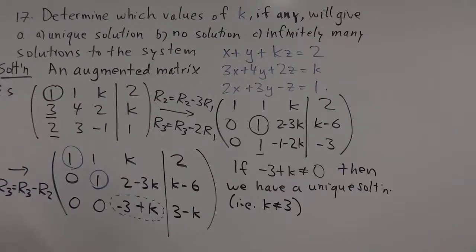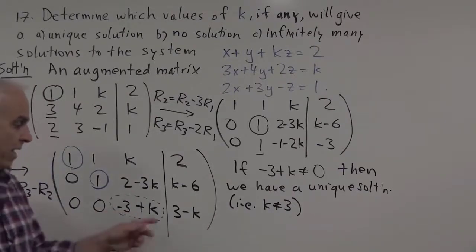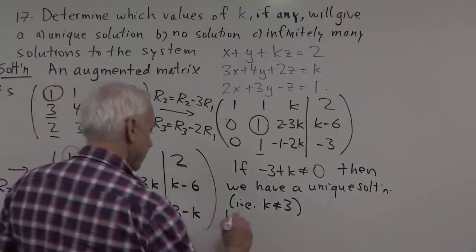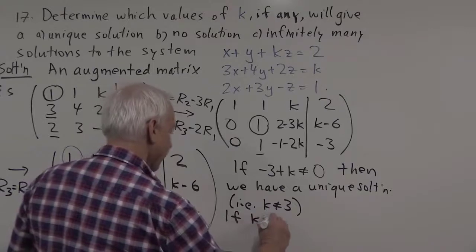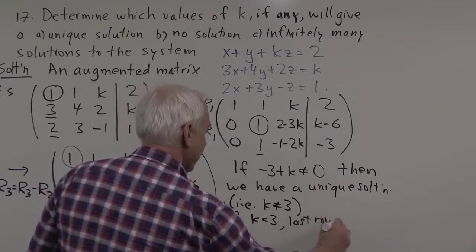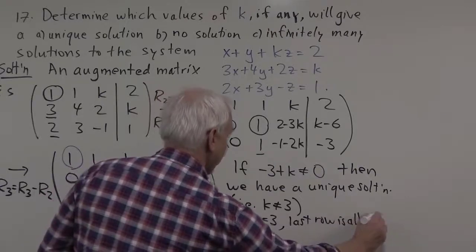Suppose k equals 3. In that case, this entry will be 0, and this entry will also be 0. So if k equals 3, then the last row is all zeros.